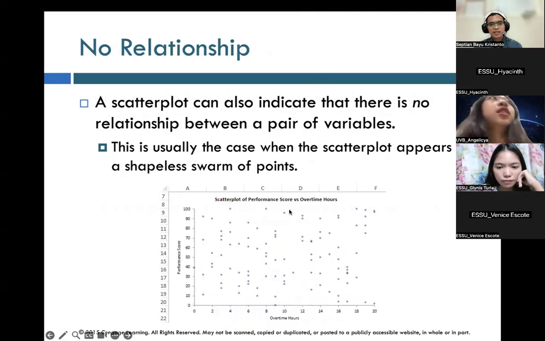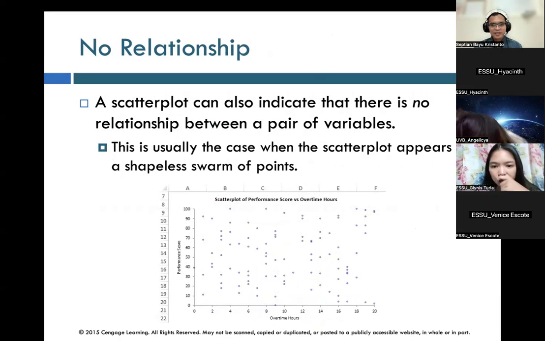Next, you find a scatter plot like this between the performance score and the overtime score. What do you think about the pattern, Finish, in this plot?